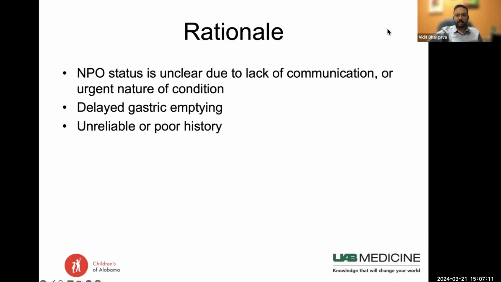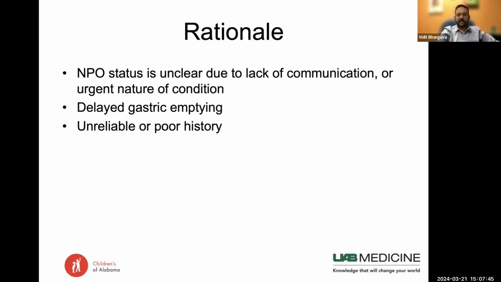So gastric volume assessment, I think these are some areas, some rationale where I find this to be useful. So when the NPO status is unclear, either because a patient just came to the ICU from somewhere and there isn't a family member and you didn't get a report on what their NPO status is, or if you have an urgent need to intervene on the airway and you want to make sure that the patient is NPO, but because of the urgent nature, you don't have either opportunity or person there to obtain history.